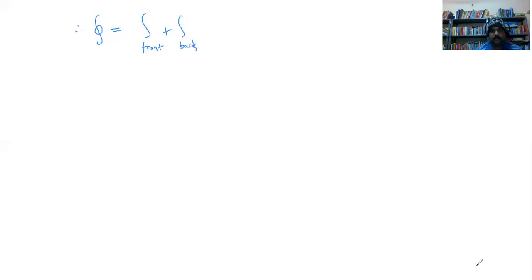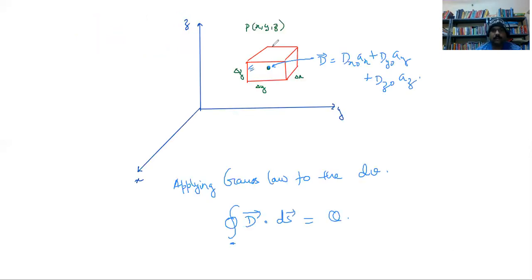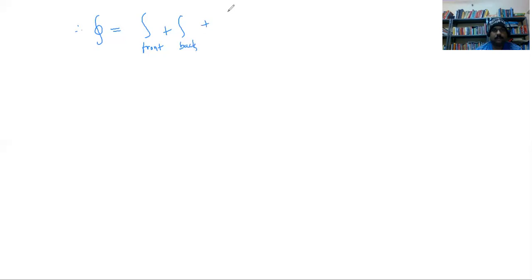If you can assume a 3D effect, you can see this is the back surface, this is the front surface. Plus you have the top surface and the bottom surface.